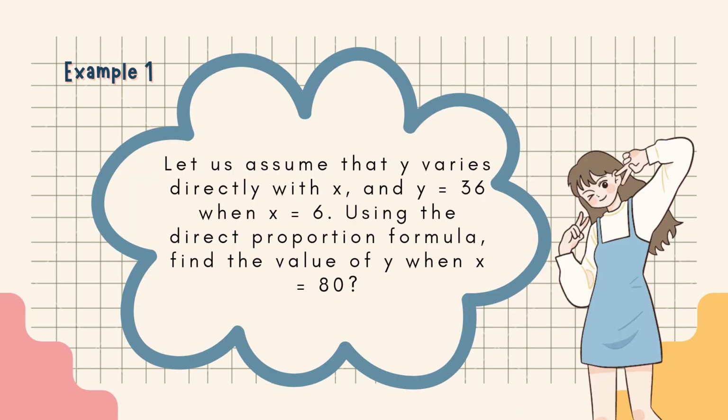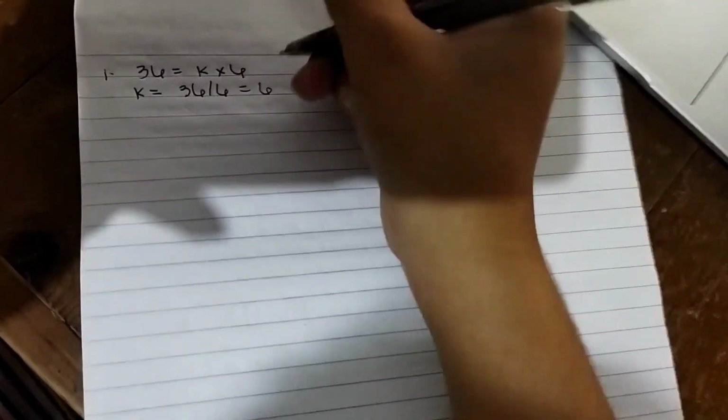Let us assume that y varies directly with x and y is equal to 36 when x is equal to 6. Using the direct proportion formula, find the value of y when x is equal to 80. For the first example, using the direct proportion formula, substitute the given x and y values and solve for k. So, 36 is equal to k times 6. k is equal to 36 divided by 6, which is 6.